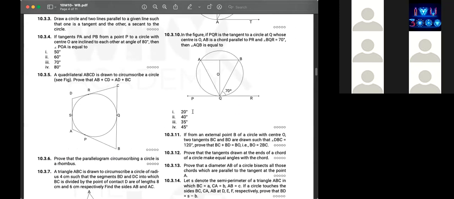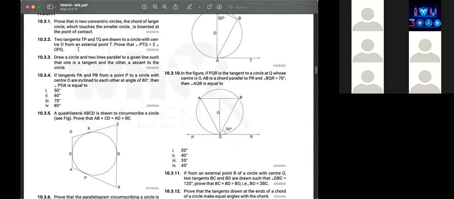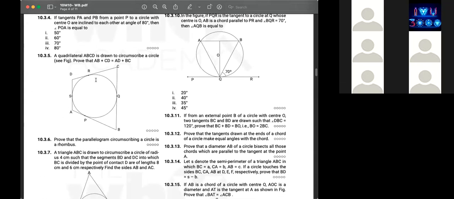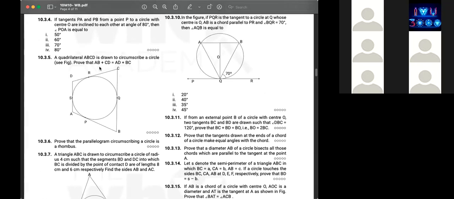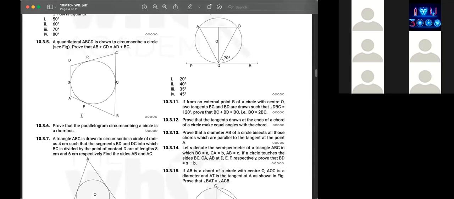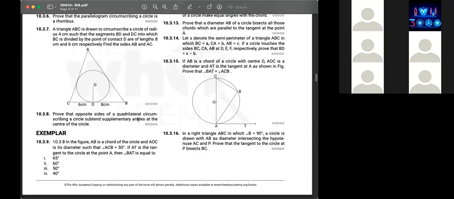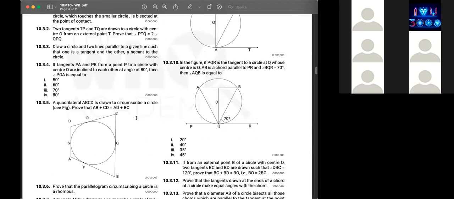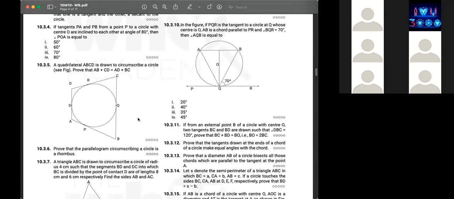So what all problems did we do? We did 2, 4. Did we do 5? No. 6 we did. 2, 4, 6, 7. After 7, 10. 10 and 11. So 6 questions. Scan it and send it.